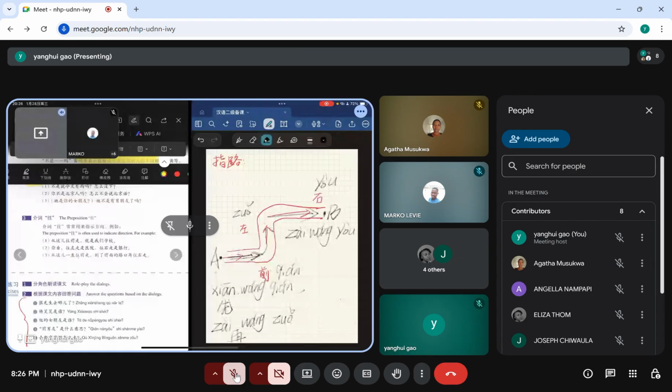We can say 先往前, and then 再往左, and then 再往右, and then you can get to B. So now remember 先, first, and then 再, and then you can get to B.